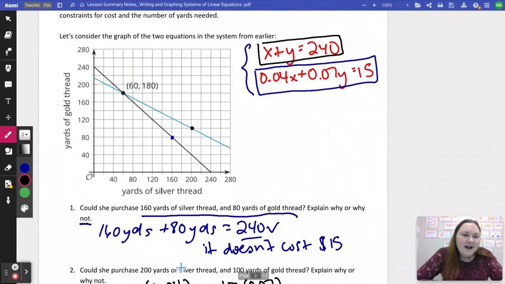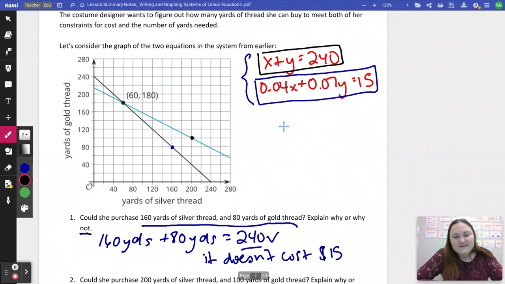If I look at the graph and I look at the system of equations, what's this magical combination of the amount of silver and the amount of gold thread she should purchase so that it equals 240 yards and also equals $15? Well, using what we know about points on these lines, we had said earlier, if the point is on the line, it means it's a solution to that constraint.